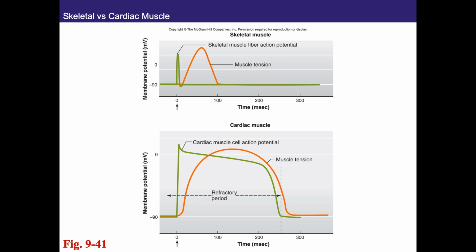Then you get contraction and relaxation. Take a look at the cardiac muscle action potential. It is 200 to 250 milliseconds long. It lasts as long as the muscle contraction itself.